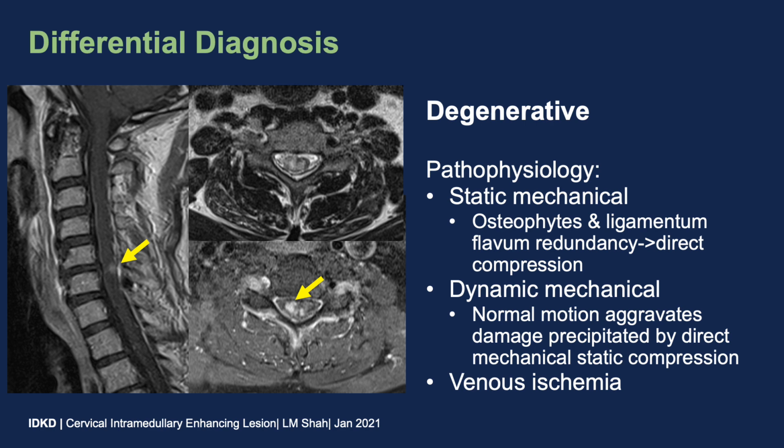These static factors can aggravate damage with dynamic motion. The severe stenosis can lead to venous ischemia. There's thought to be cord damage due to free radicals. This can lead to an imaging appearance of intramedullary hyperintensity and patchy cord enhancement.